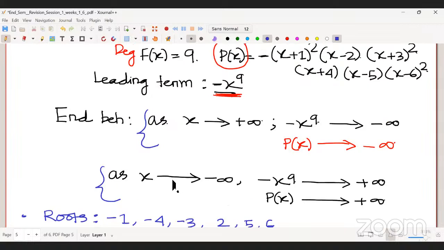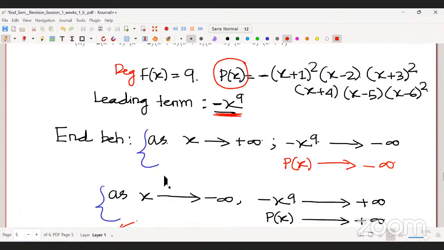So what is the multiplicity of -1? Sir, 2. As you can see, -1 is coming from this factor, and the power of this factor is 2.